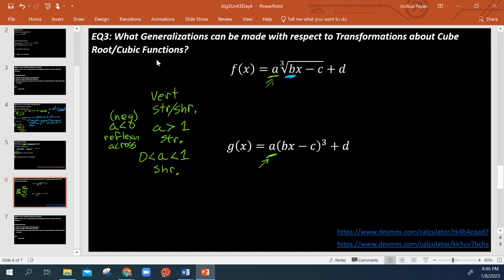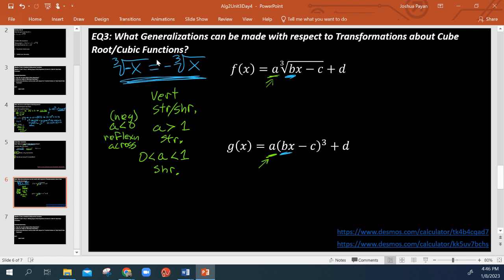Now, an important thing to remember will be this b value here, because of the nature of cube roots and cubes themselves. We talked previously about even and odd functions, that the cube root of negative x is exactly the same thing as the negative cube root of positive x.